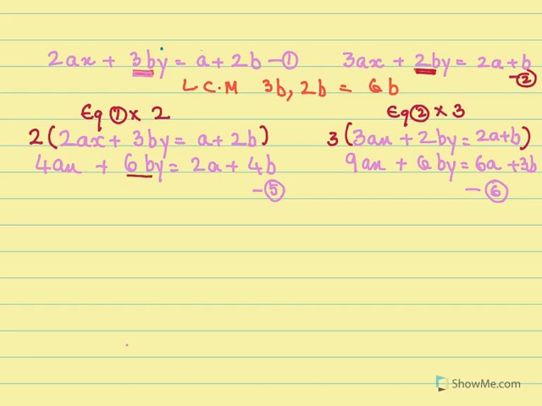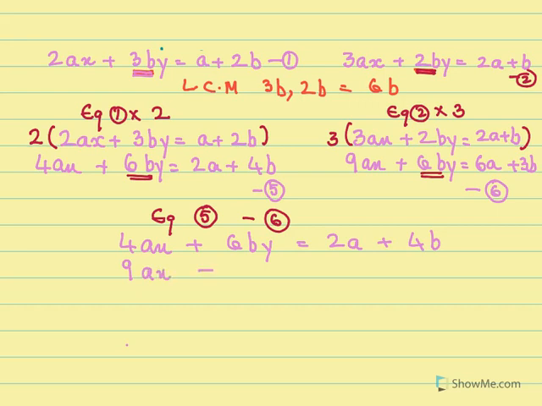Now let's examine these equations. This is 6b here, 6b. Both the coefficients of y are same, 6b. So my equations are ready for subtraction. So equation 5 minus equation 6. That is 4ax, this is my equation 5, 6by equal to 2a plus 4b.